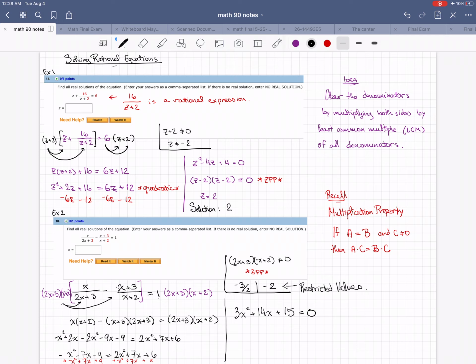You could use the method of the quadratic formula here if you want. I'm actually going to go ahead and factor. And the reason I'm going to factor is fairly simple. Because I have 3x squared, I know that it'll be 3x and x. And I actually have a pretty good feeling that this ends up factoring.